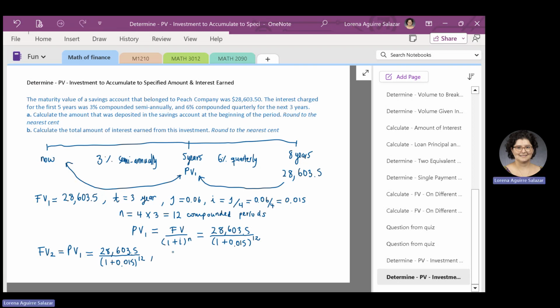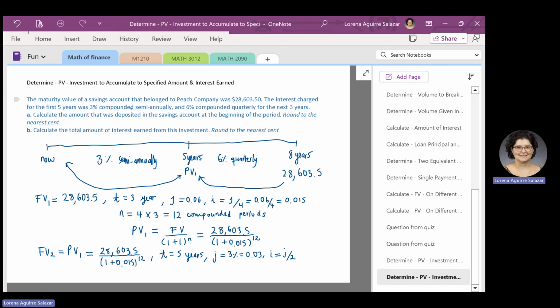The second nominal interest rate is 3%, which corresponds to 0.03 in decimal numbers. The periodic interest rate comes from dividing j by 2, because the 3% gets compounded semi-annually.